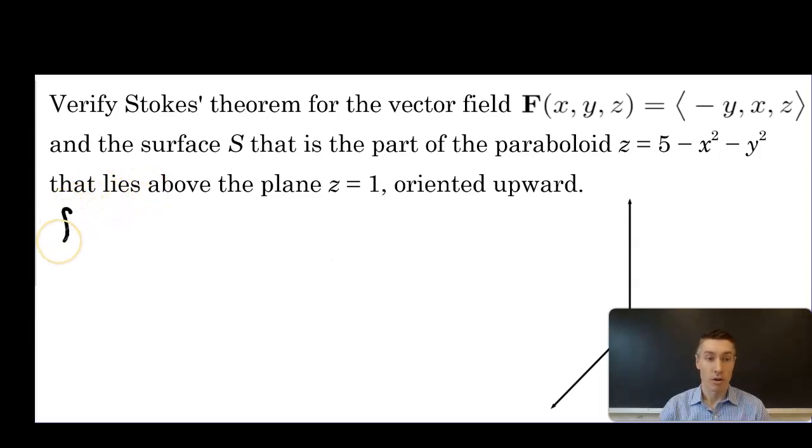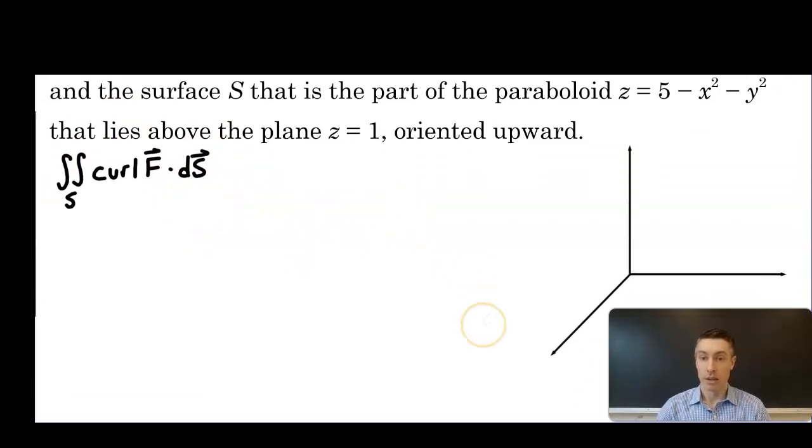So we're going to start by evaluating the double integral over the surface S of the curl of F dot dS. Okay, in these examples, if we can draw a picture, especially when we're trying to figure out what is the surface, what is the boundary curve, it's always going to be helpful. So here we'll draw a paraboloid that opens down.